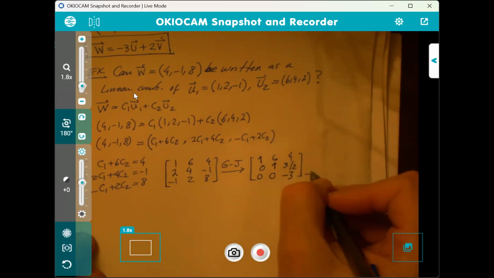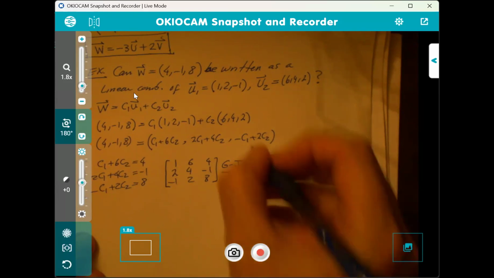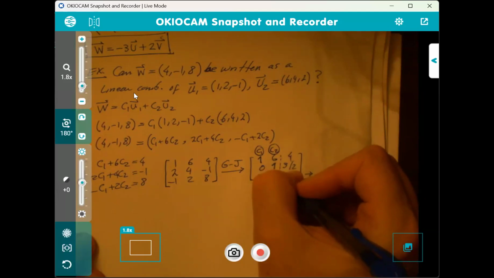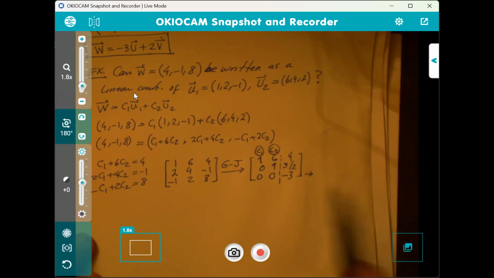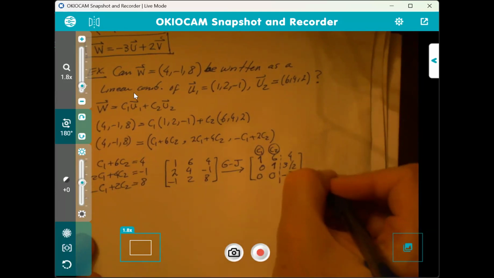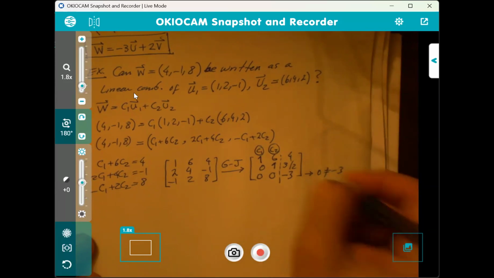So what do you think? Remember, these are the coefficients for the first column C1, second column C2. That's the augmented matrix, and this is what they equal. So what does the third row now read? We cannot have a linear combination. You got it. This says 0 equals -3, doesn't it? And of course, that's not true.